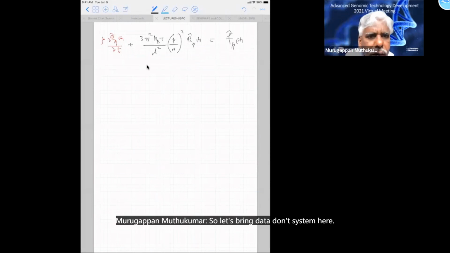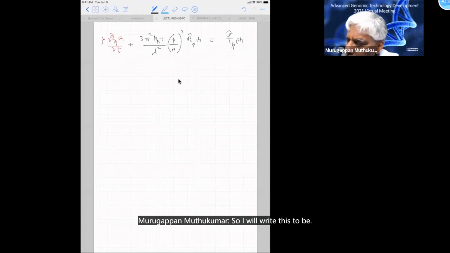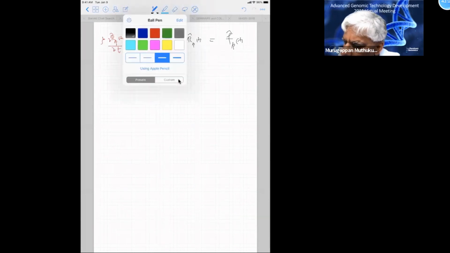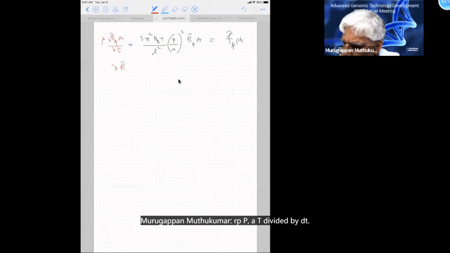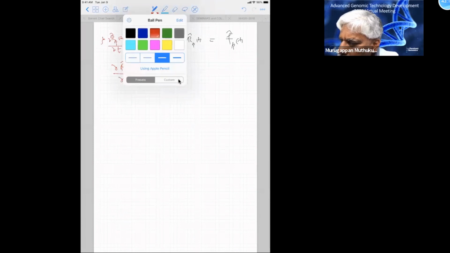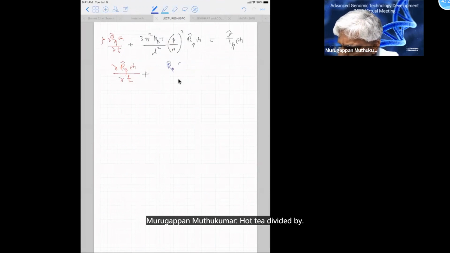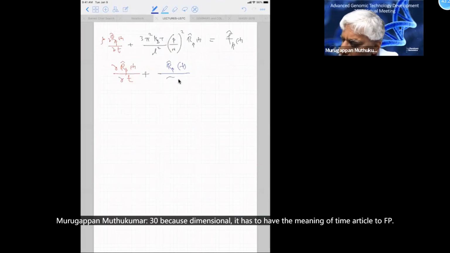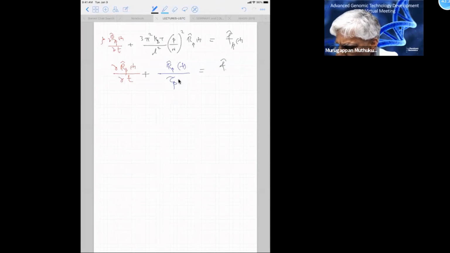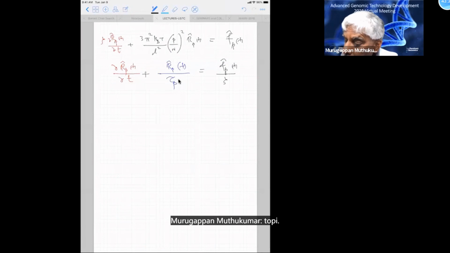So let's bring zeta downstairs. I will write this as d r hat p at t divided by dt plus r hat p at t divided by tau p, because dimensionally it has to have the meaning of time. That's equal to f hat p at t divided by zeta.